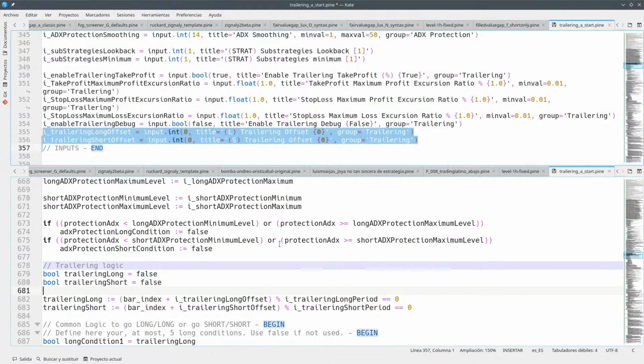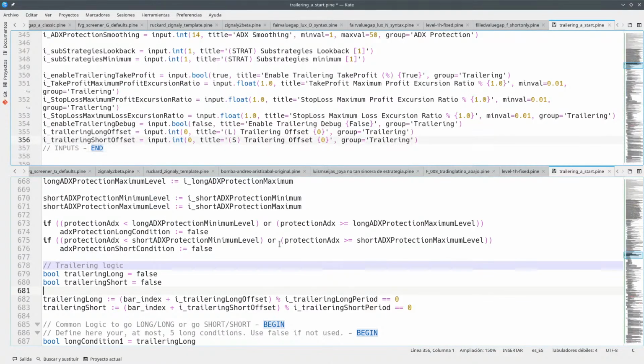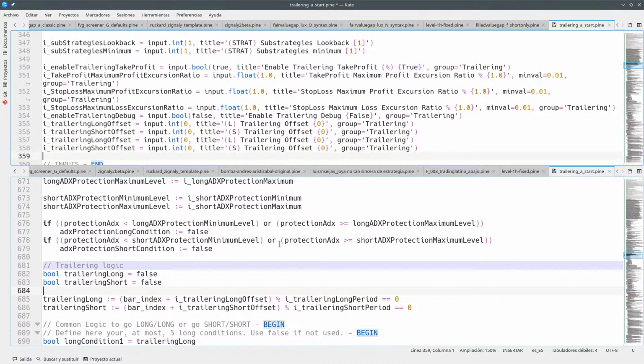Now we should have the same thing, but with period. So long period. That's right. Same thing should happen here. Why I don't copy and paste, I don't know. So trailing long offset, trailing long period.